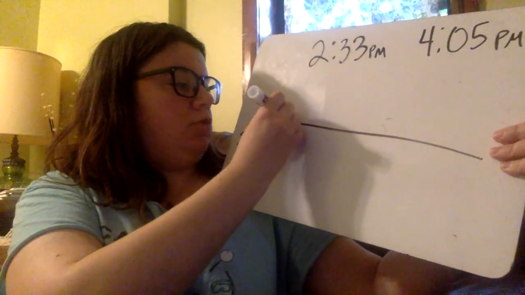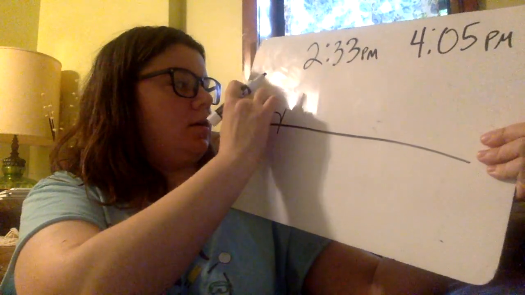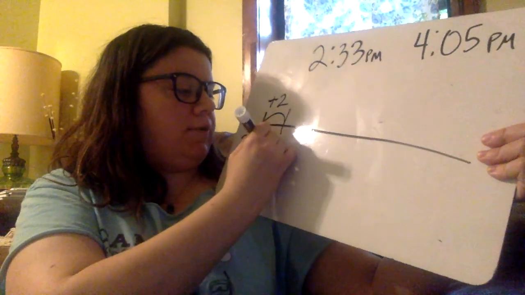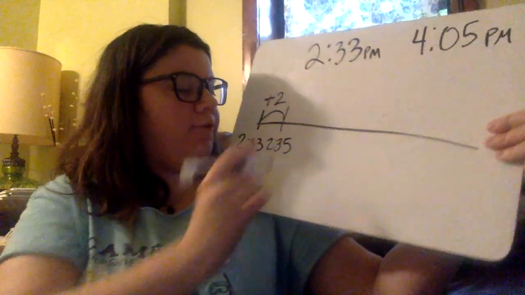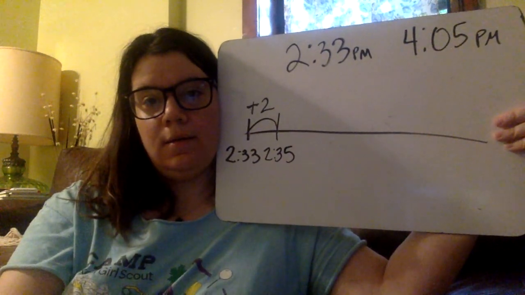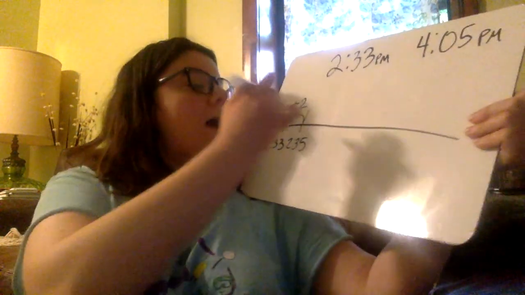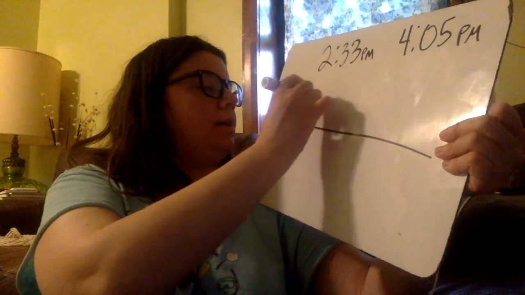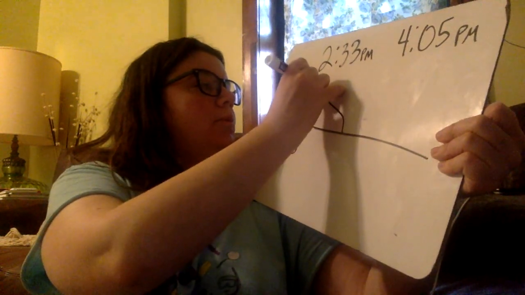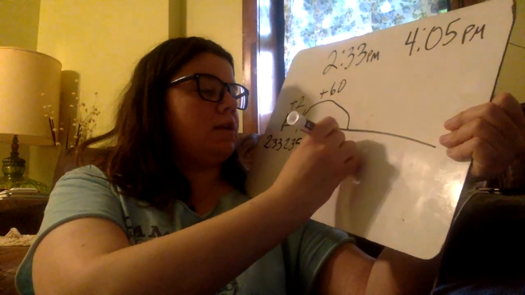So if we add 2 minutes, that would give us 2:35. And then I can add an hour. We're going to add 60 minutes, 1 hour, and that'll put us at 3:35.